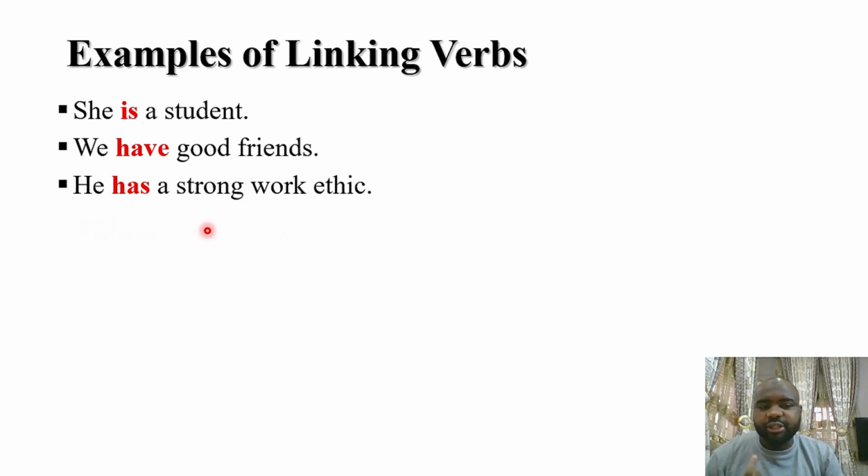Here it shows possession. It only serves as linkage, showing the relationship between he and a strong work ethic. Who has a strong work ethic? He does. So has here only connects the subject with the subject complement.